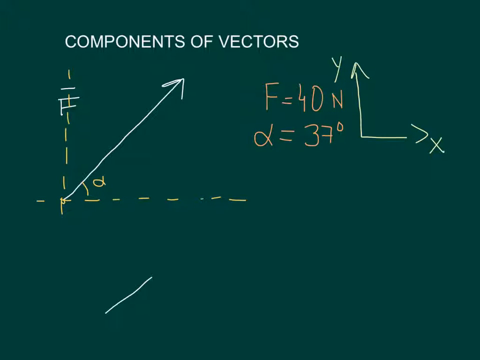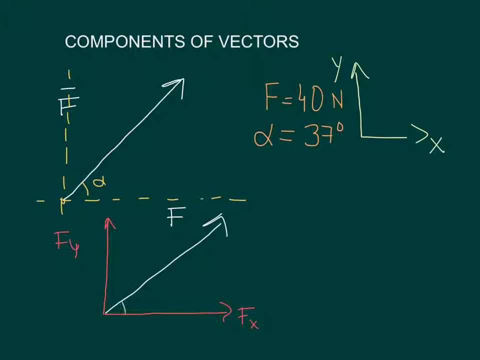So this F that I drew up there, the 40 Newton force, has both horizontal pull, I write it now Fx for x direction, and then there is the vertical pull upwards, I write it with Fy.